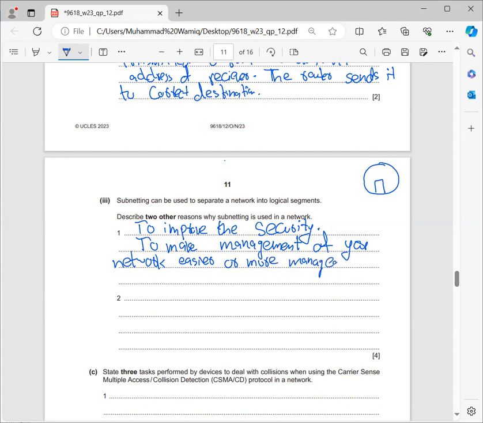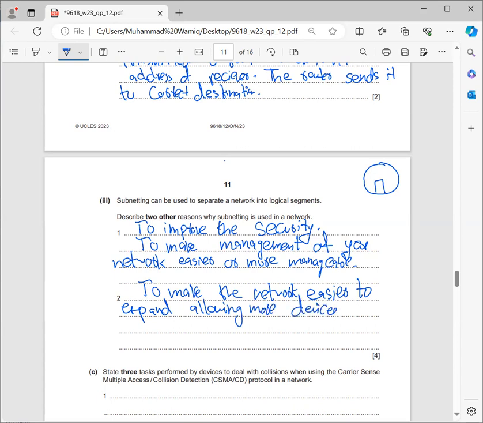Or you can even write that you can have better control over your network. Other points can be to make the network easier to expand, allowing more devices to connect to your network.